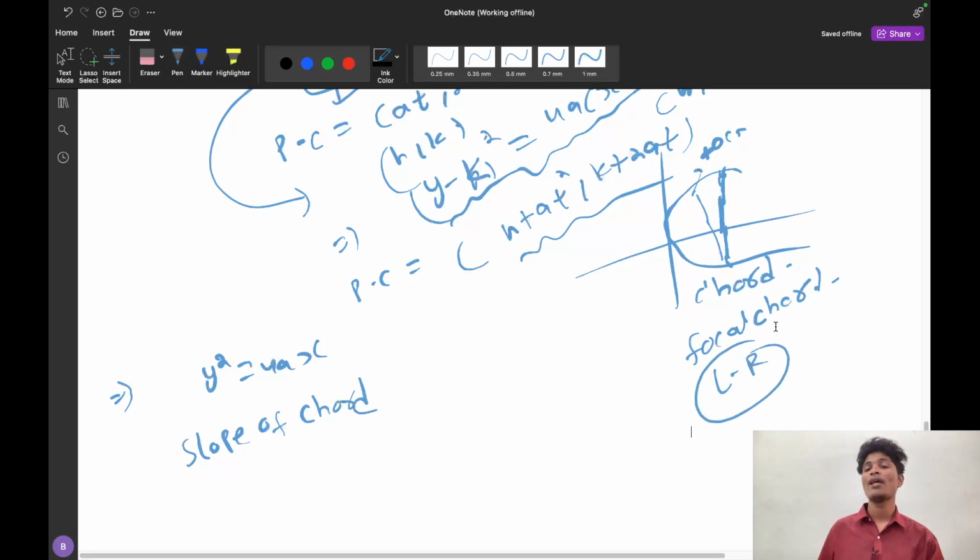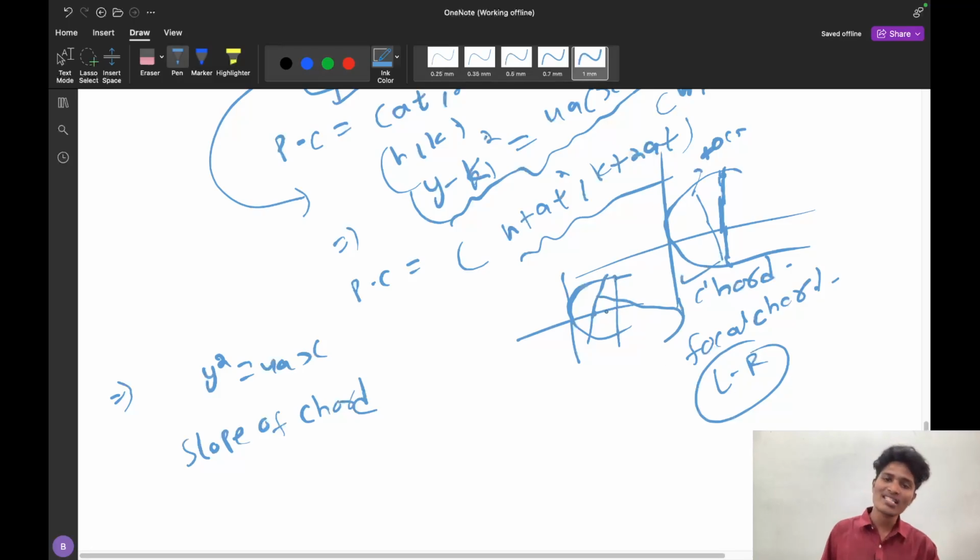What is latus rectum? It should pass through the focus and it should be perpendicular to the axis. But a focal chord is just passing through the focus. And a chord is just passing through 2 points.